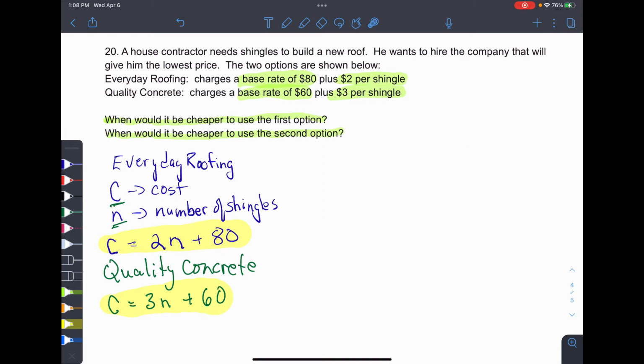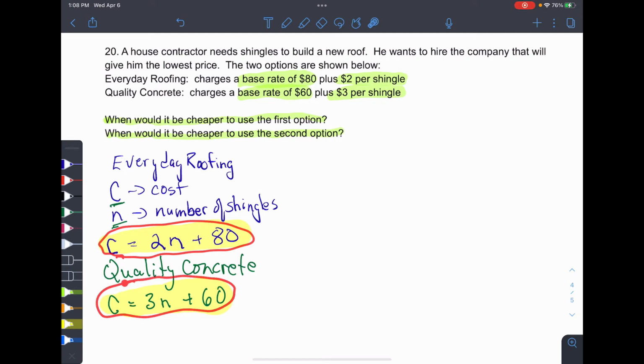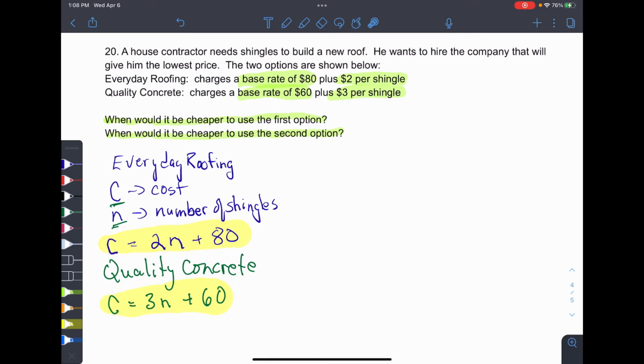So let's find the intersection, the N which is in common to both of them, which gives us the same cost. And to do that, I'm going to find the intersection of these two lines. So this is something we talked about before. How do we find the intersection of lines? Well, where they intersect, the cost will be equal.